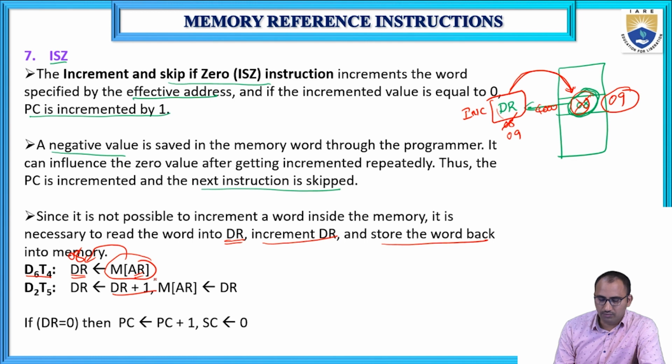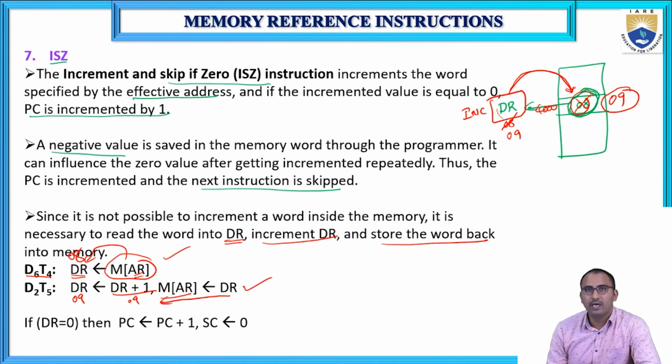So DR plus 1, that means 8 plus 1, so 9. That incremented value is stored in the data register. From the data register we move it back to the memory, so data register to M of AR. Okay, so this is the operation. This is the increment and skip if 0 instruction.